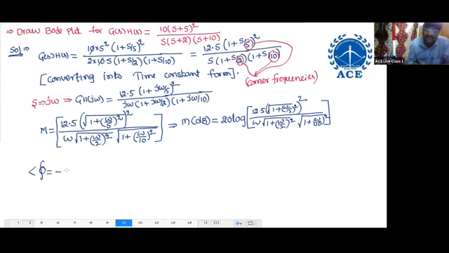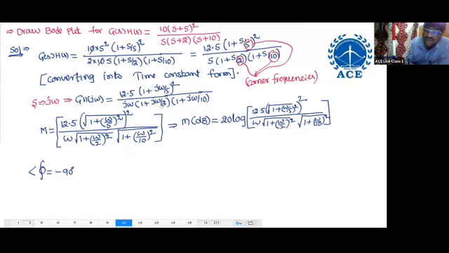For n poles at the origin, minus 90n; for n zeros at the origin, plus 90n. For n finite poles, minus n tan inverse of imaginary part by real part.